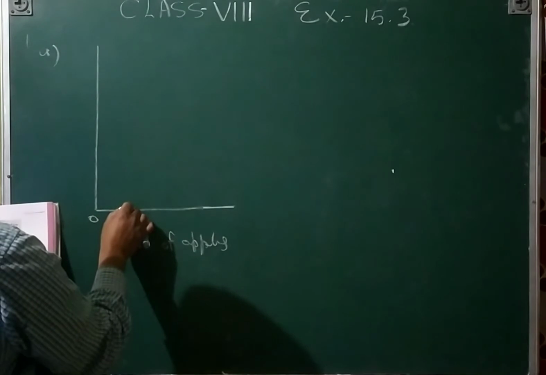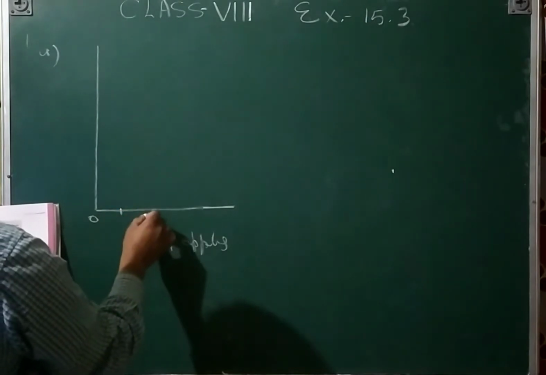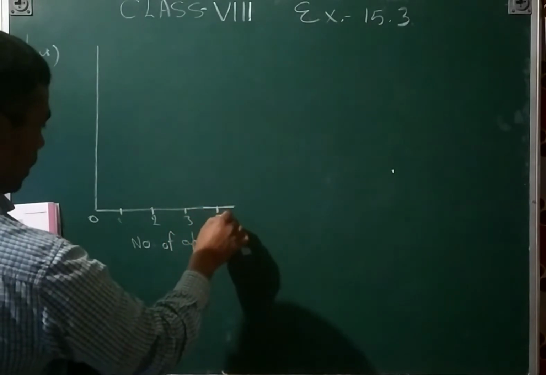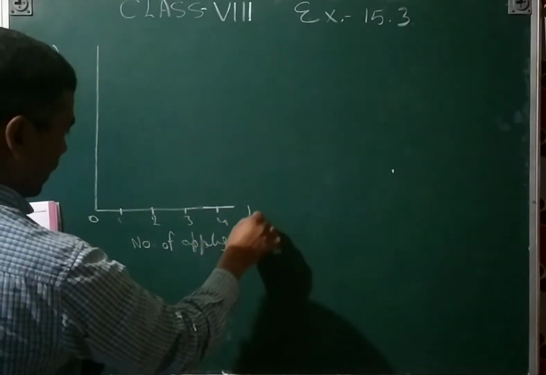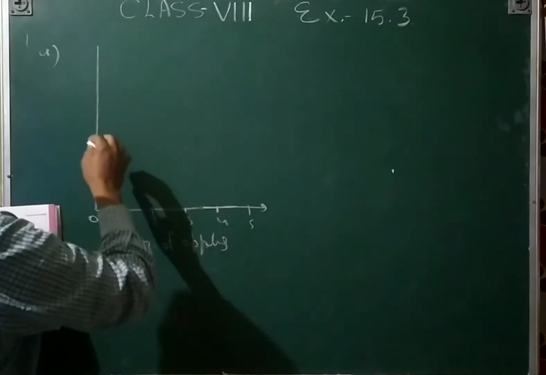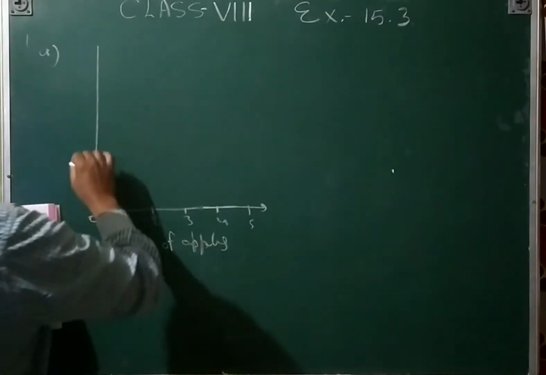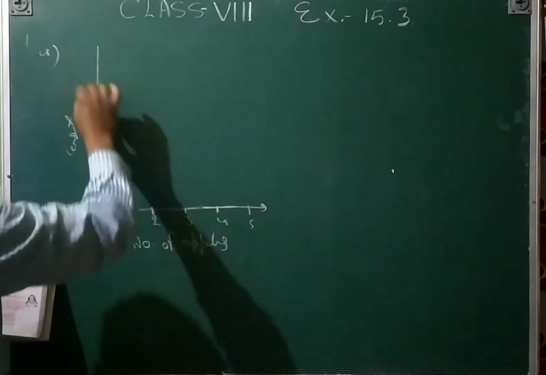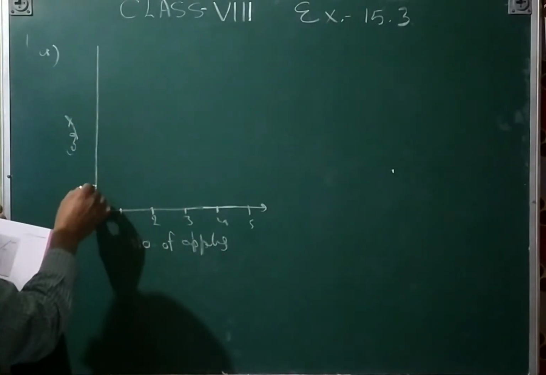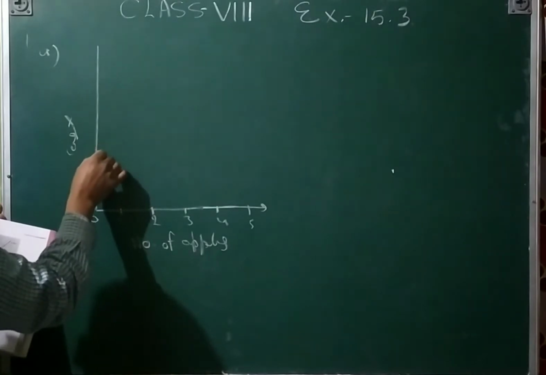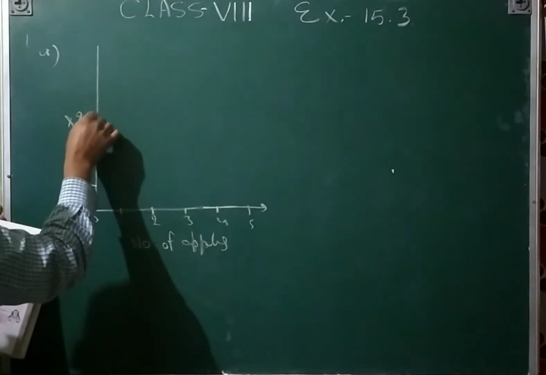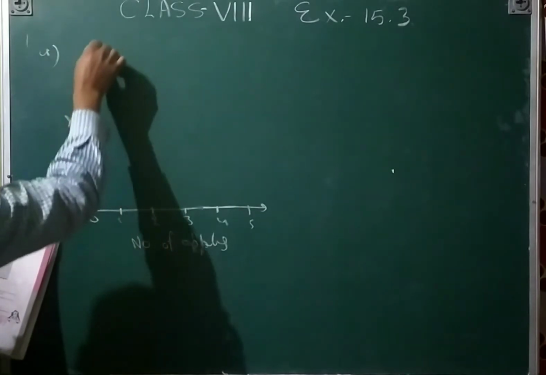That is 1, 2, 3, 4, 5. And then here we will write the cost. We can't write 25 here, so that will be 5, 10, 15, 20, 25.